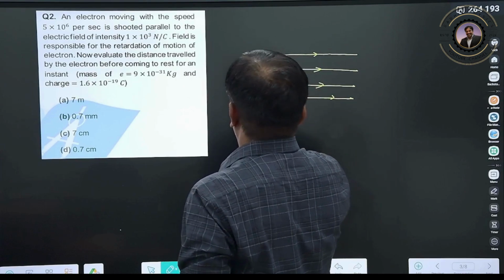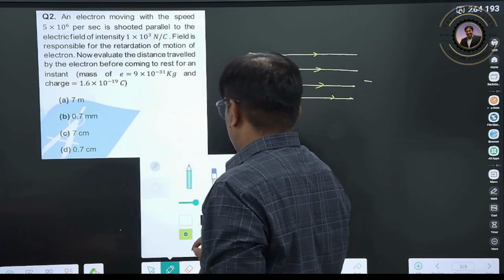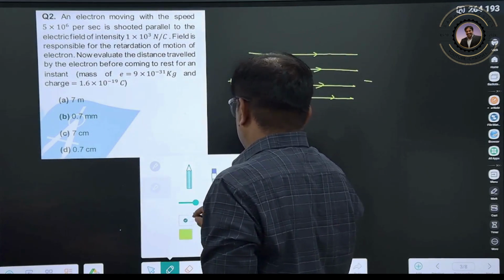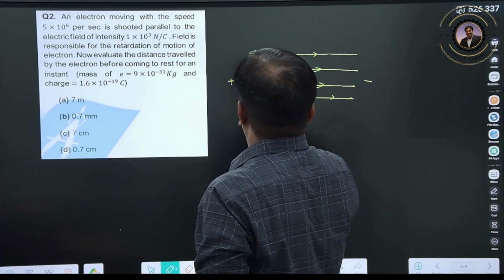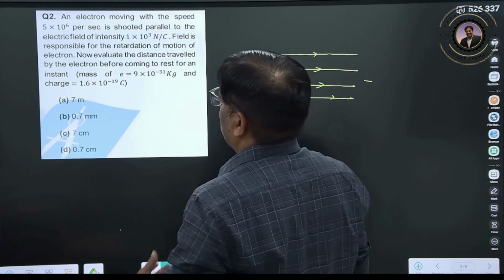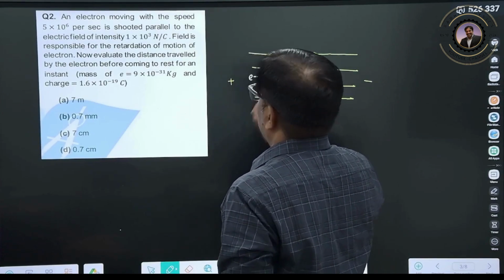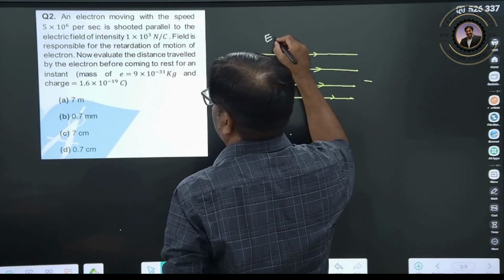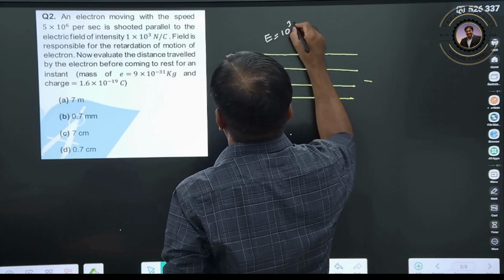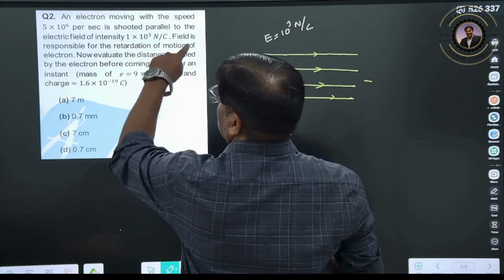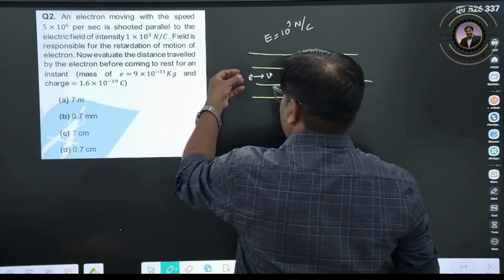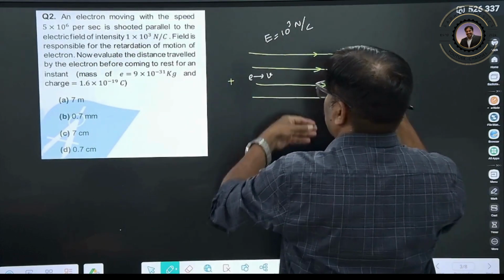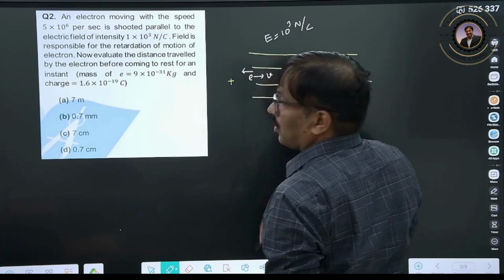That means this side it is positive, this side it is negative. Now within this field, the electron is shot with a certain speed, parallel to the electric field. The electric field is given here, 1000 Newton per coulomb. So the field is responsible for retardation. See, the electron is going toward this side, so it is experiencing a force in this direction. Clear?